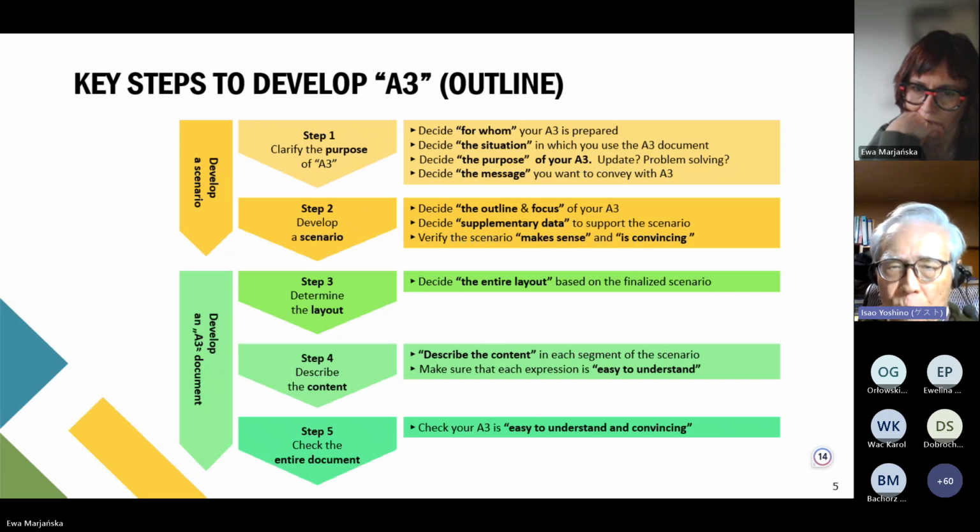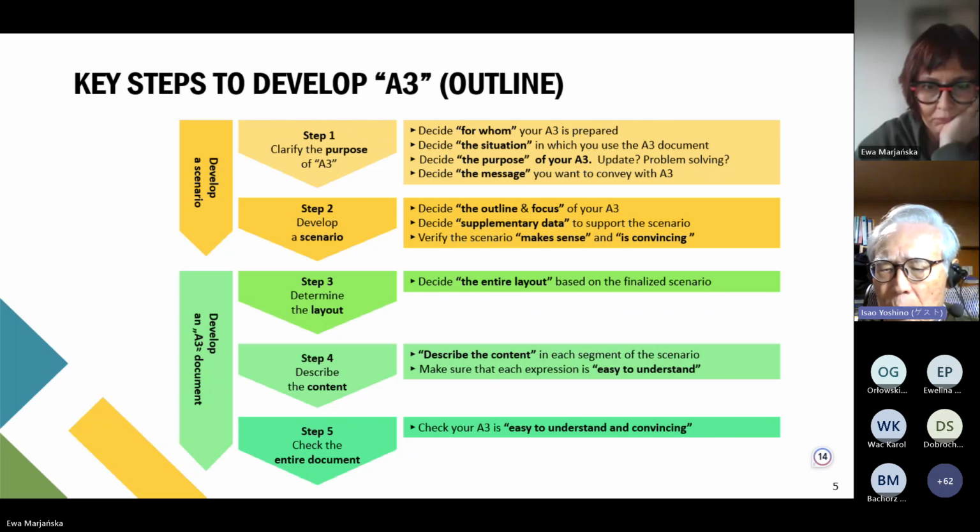You have to go through that and check whether your idea is now represented correctly and the story flows, and whether your purpose is already included and expressed in here. You have to check. So this is so important. So these, step 1 to step 5, are key steps you need to go through.